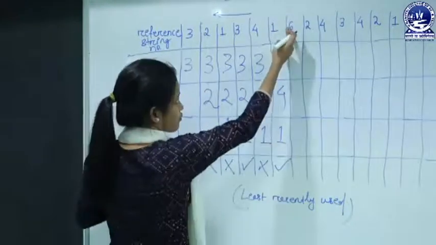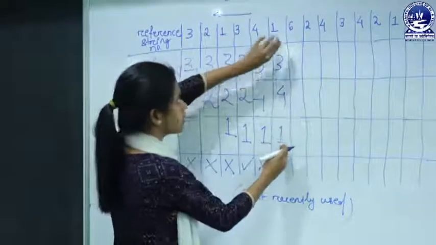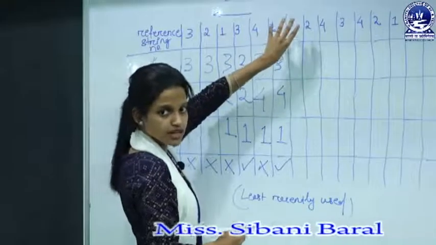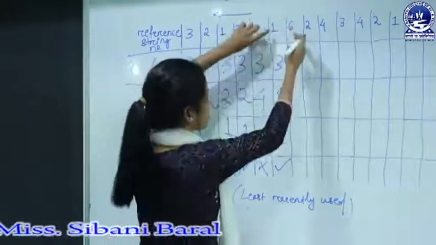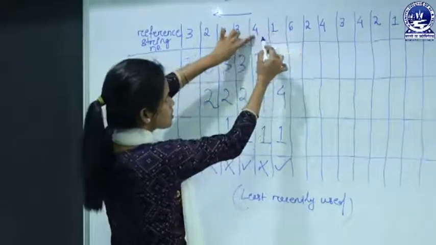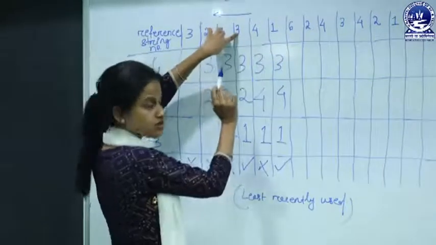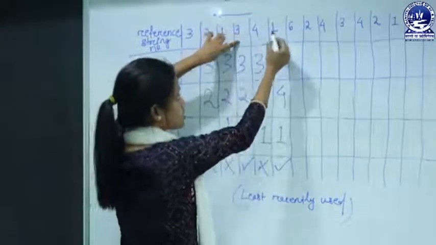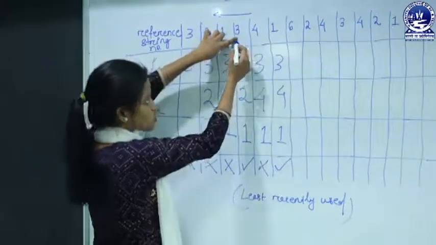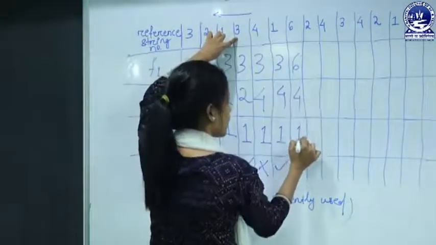From 6, which number among 3, 4, 1 has not been used for the longest amount of time? 1 is recently used, 4 is used after that, and 3 is least recently used. So we replace 3 with 6, giving 6, 4, 1.